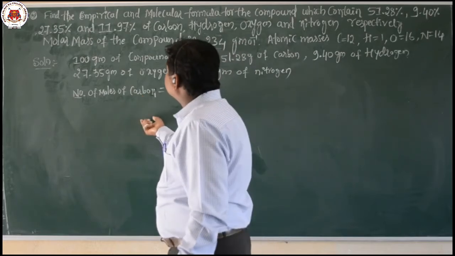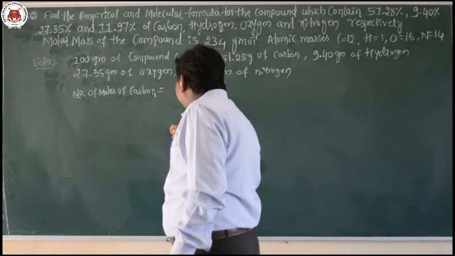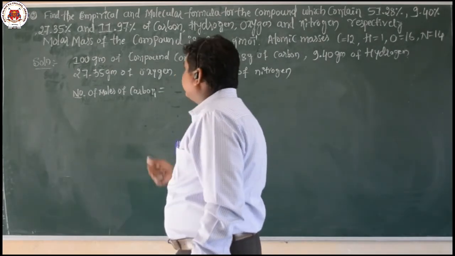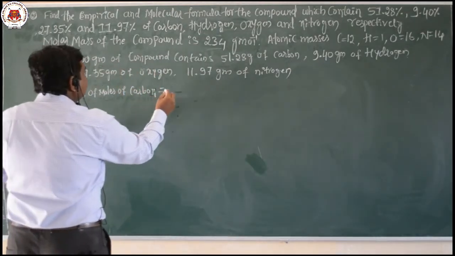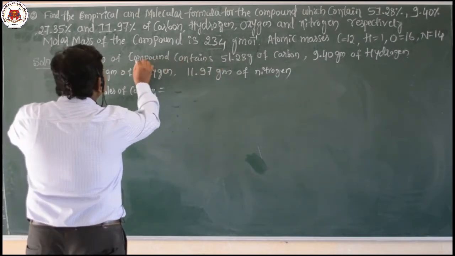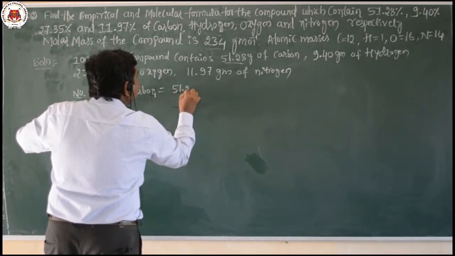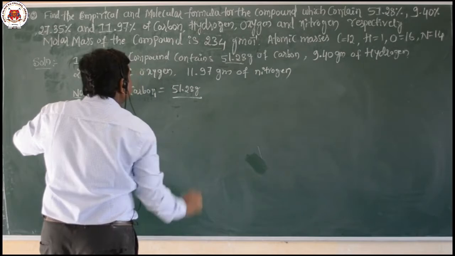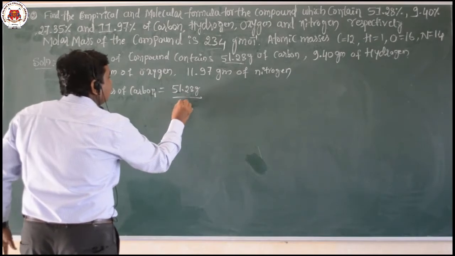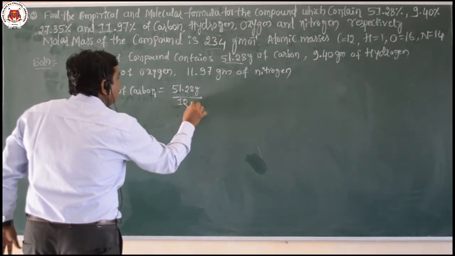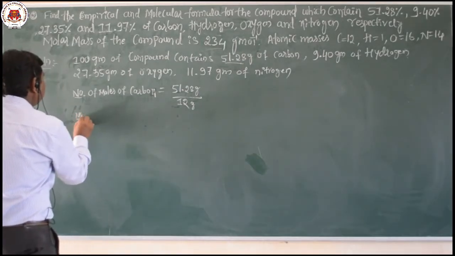Number of moles of hydrogen is calculated using the given weight of hydrogen divided by the atomic mass of hydrogen. So number of moles of carbon equals 51.28 gram divided by the atomic mass of carbon, that is 12 gram.